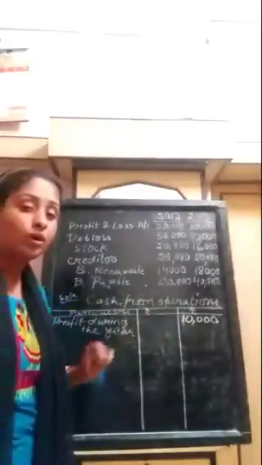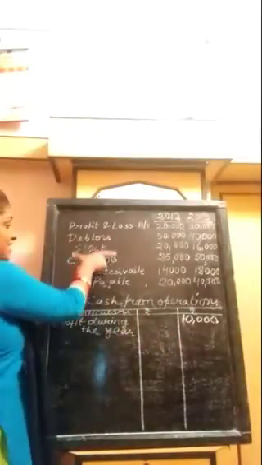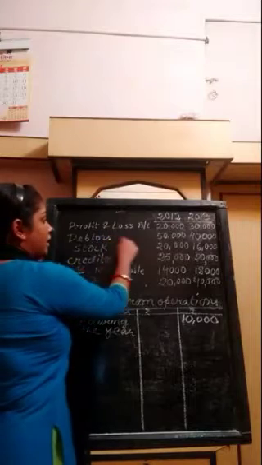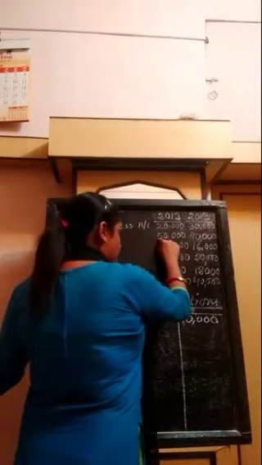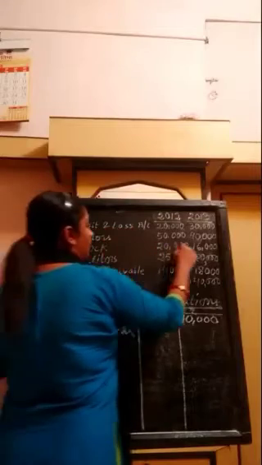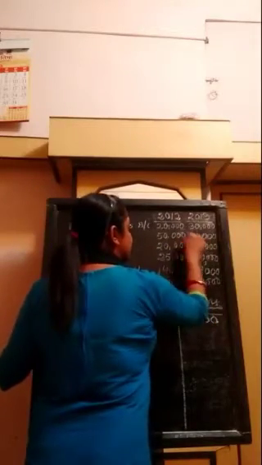Then you are going to assess these current assets and current liabilities. See the debtors. In 2012 the balance was 50,000, whereas in 2013 the balance has become 40,000. So debtors has decreased.